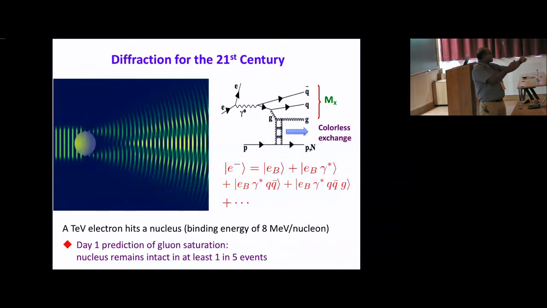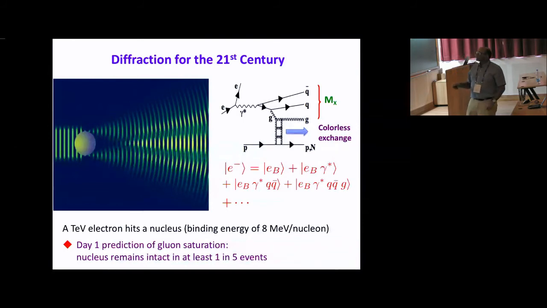And what the data is telling you is that in 1 in 7 events, nothing happens to the proton. Okay, the electron blows up, but the proton remains intact, even though the typical energy of the constituents inside the proton is hundreds of MeV. Nothing happens to the proton in 1 in 7 events.